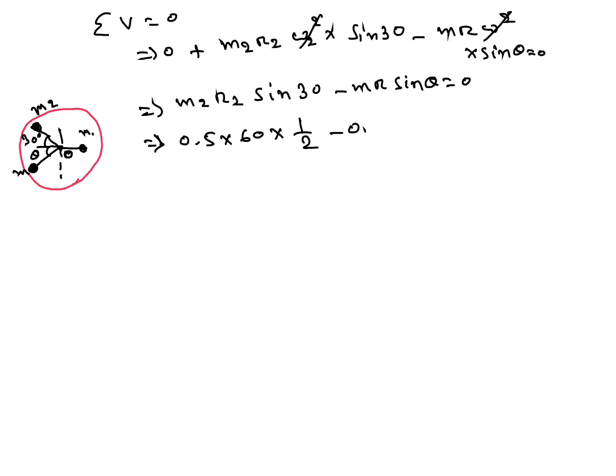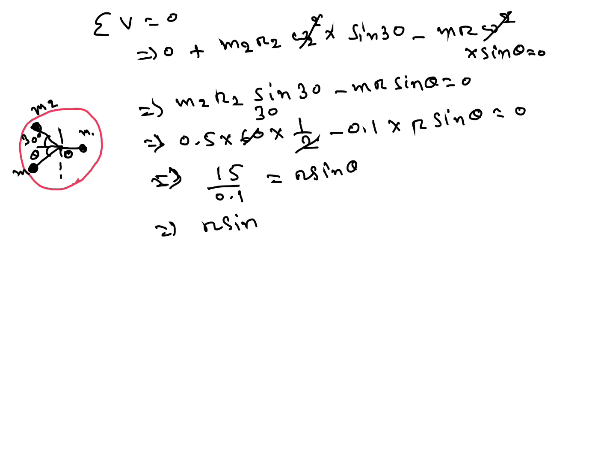It's 15, then 15 by 0.1 equal to r sin theta. So r sin theta equal to 150. This is equation 2.